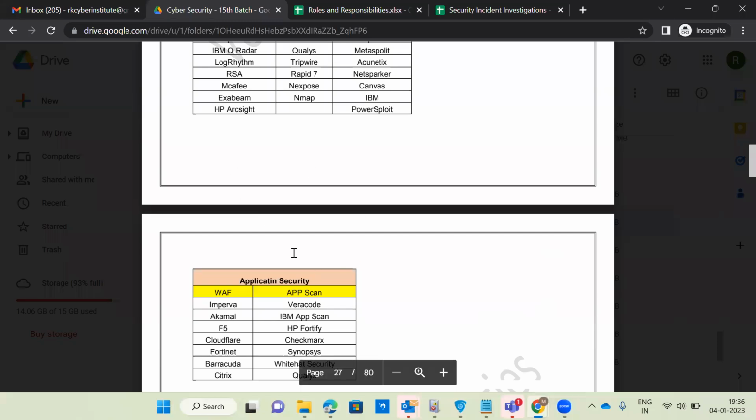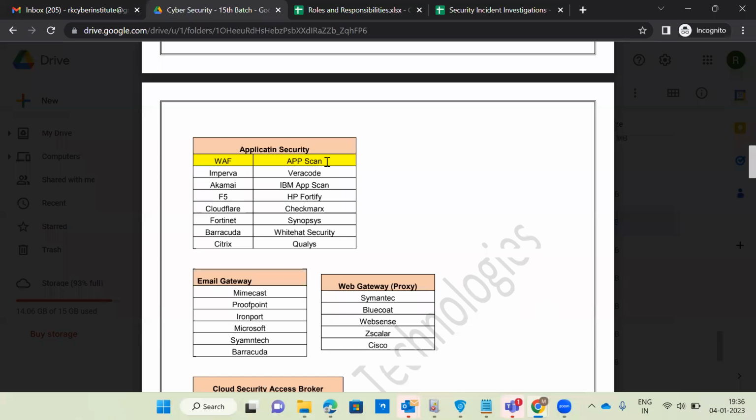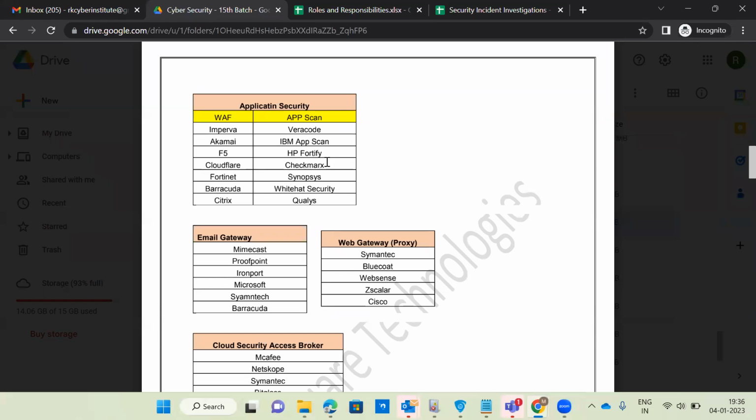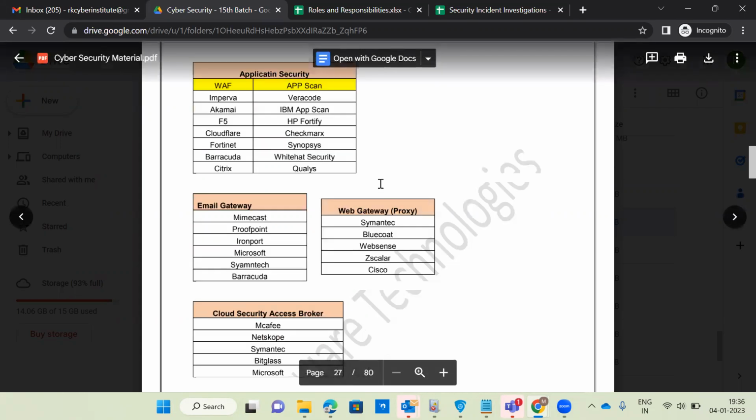Email gateway, web gateway, all these tools are there. At least you should be aware of what is what. Whichever tool you put in your resume, maybe they will ask, do you have any experience on Blue Coat? You should be aware that Blue Coat is a proxy server. That's why you have to remember these tools also, guys.